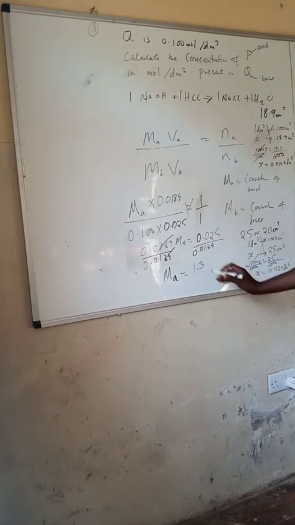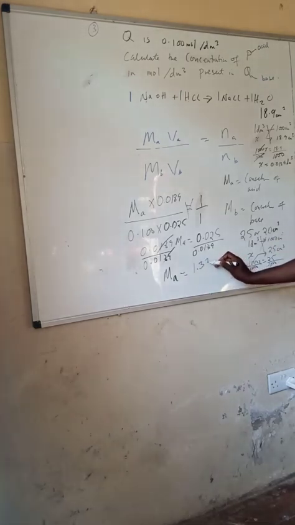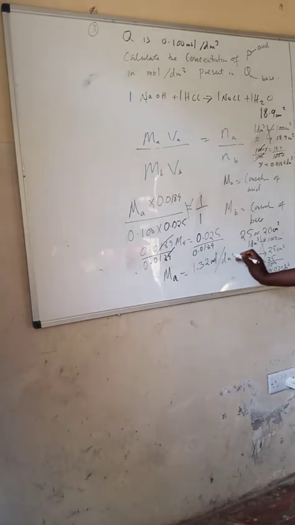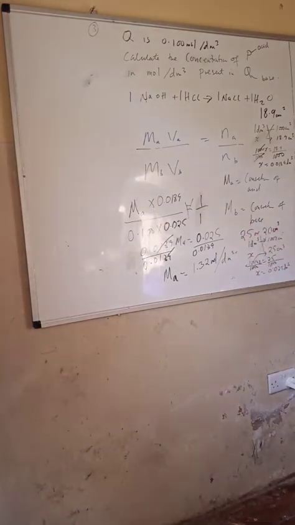It is 1.3 moles, since this is the concentration of the acid, per decimeter cubed. That's how you solve this. That's all. Please make sure you understand this.